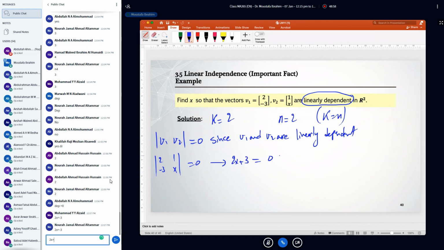So we move 3 to the other side: 2x equals minus 3. And finally, we get x equals minus 3 over 2. So for x equal to minus 3 over 2 we have linear dependence. Otherwise, it will be independent. Clear, guys?